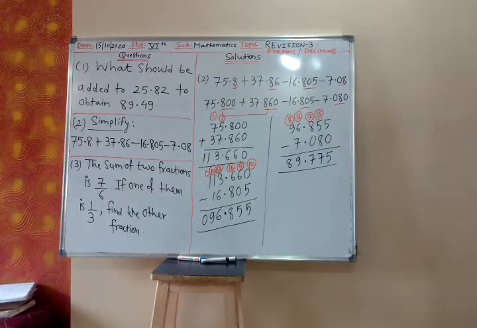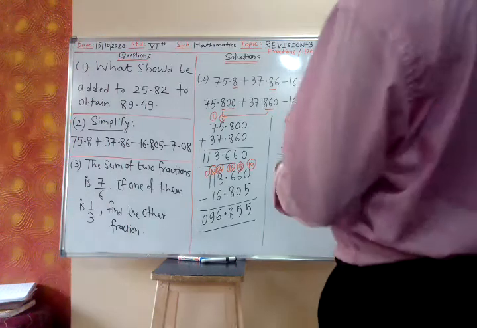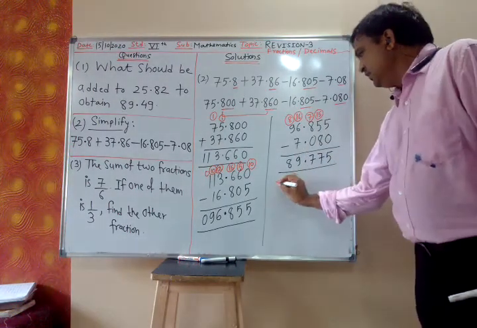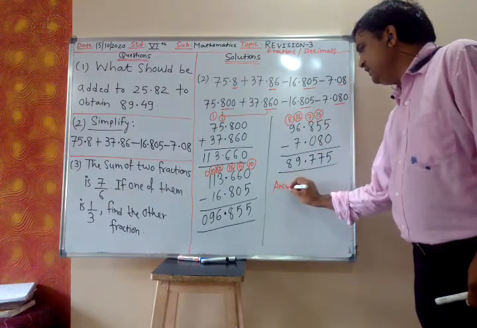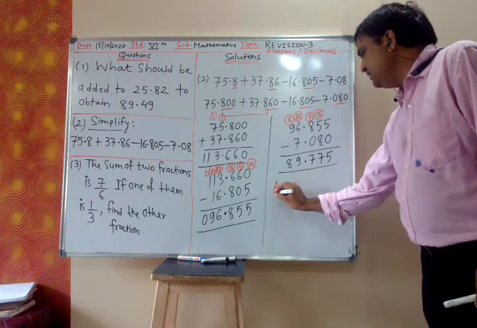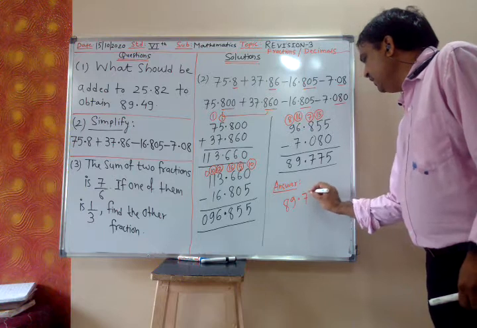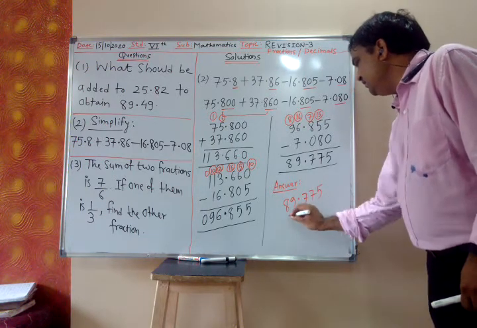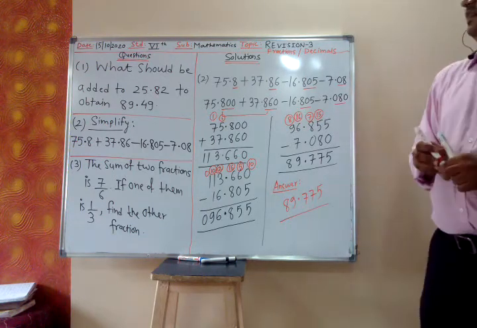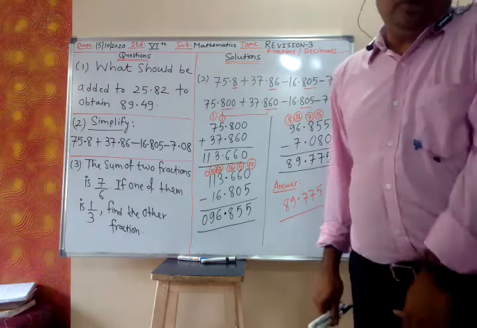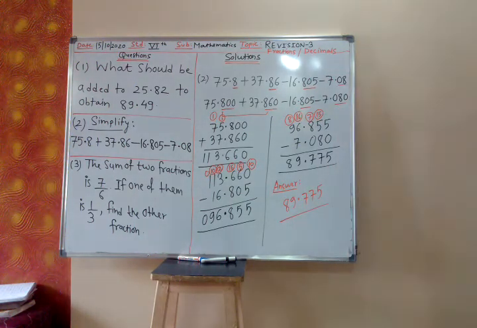No. It is showing there. 89.775. You change the setting of your answer. 89.775 is the answer.